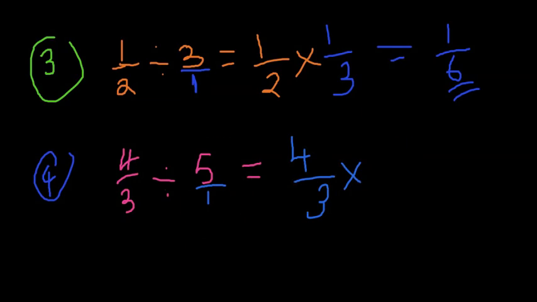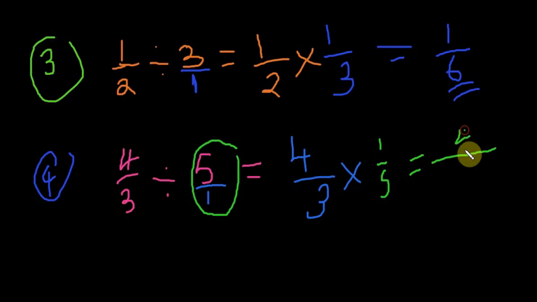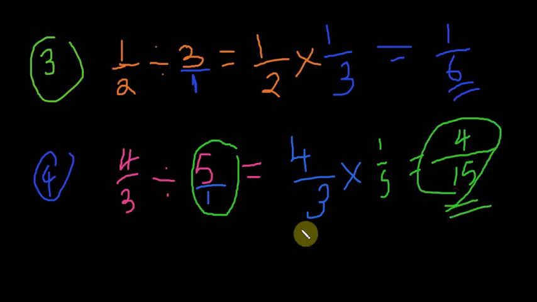And then what do we do? We take the reciprocal of the next fraction, which becomes 1 over 5. So in the end, what do we have? 4 times 1 gives us 4. 3 times 5 gives us 15. So 4 over 15 is our final answer.